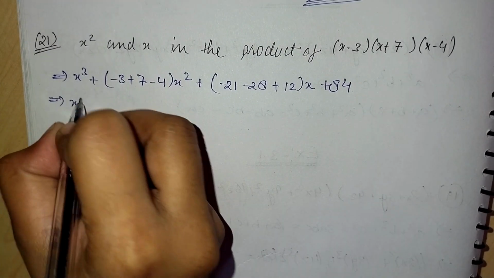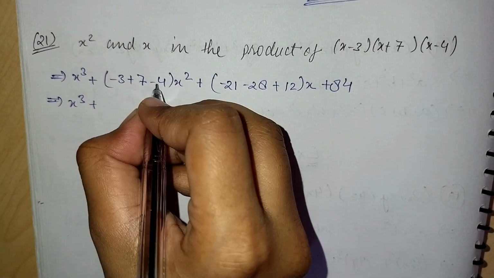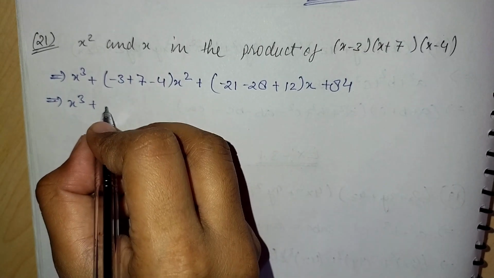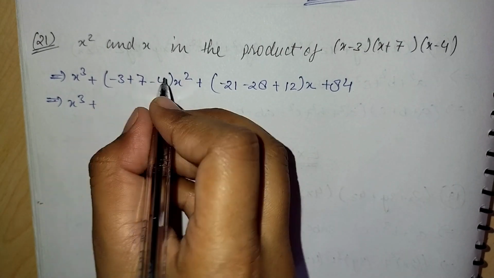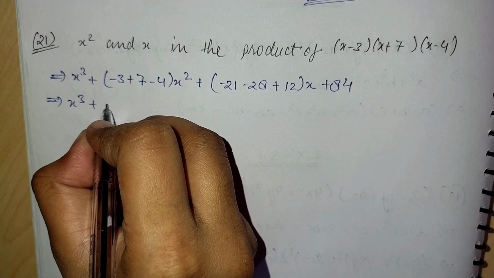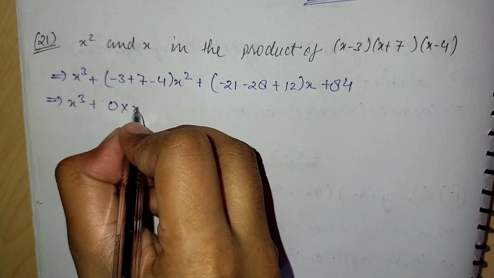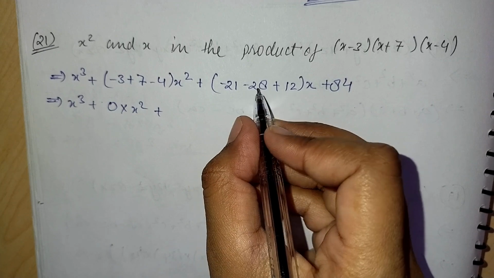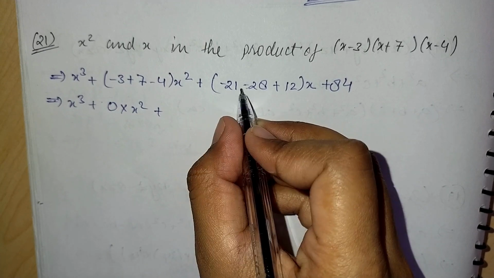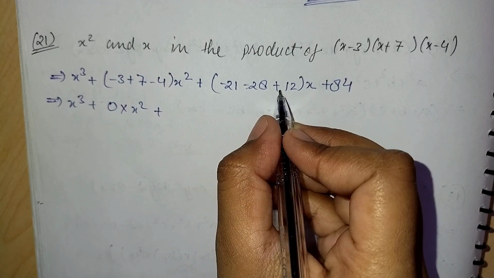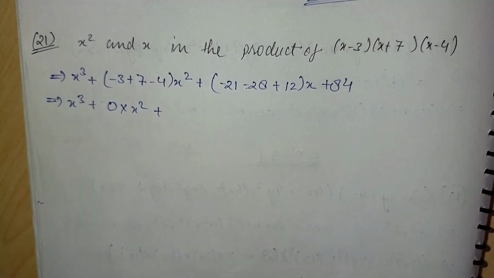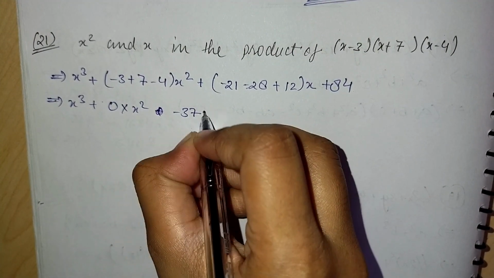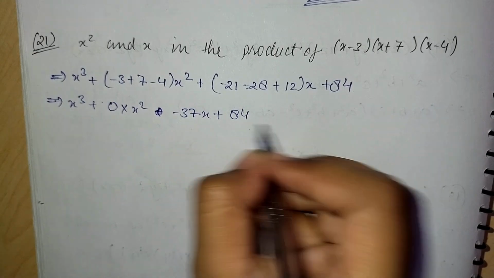So let us solve it. x cube plus (minus 7 plus 7) x square, so here the coefficient of x square is 0. So it is 0 into x square plus, on solving this, minus 21 minus 28 minus 12, so minus 37x plus 84 is the answer here.